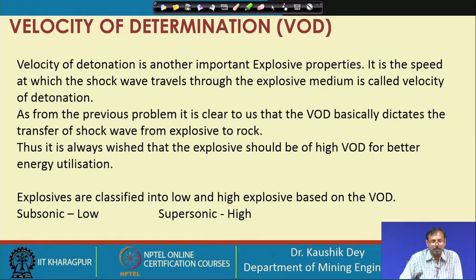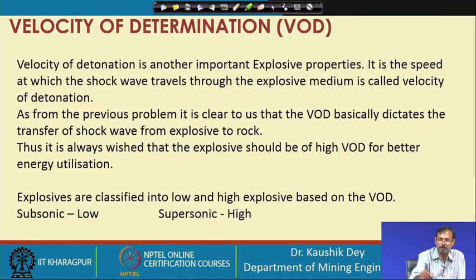Similarly, the second parameter which is very important is the velocity of detonation. That means the seismic wave propagation velocity inside the explosive material. So, velocity of detonation is another important explosive property. It is the speed at which the shock wave travels through the explosive medium.